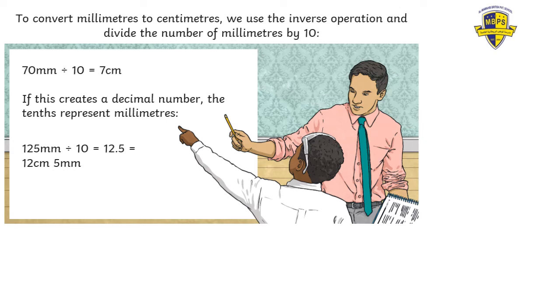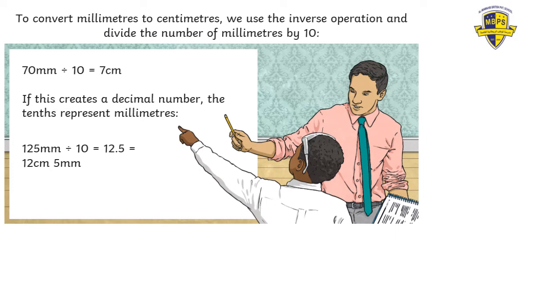How will we do that? 125, actually it's 125.0. This .0 means I don't have a decimal, only the whole number, 125. So the decimal point after 5, I will shift it one digit to the left.